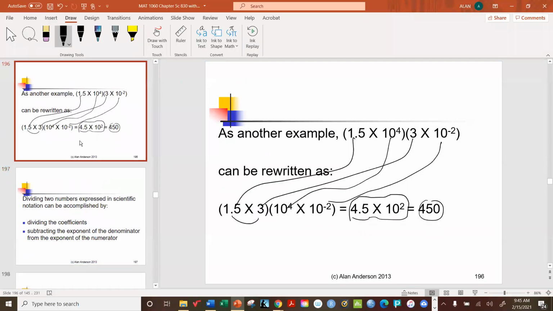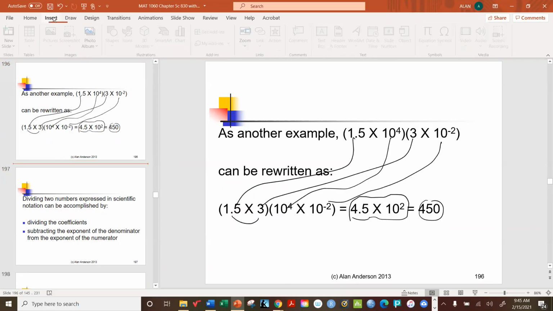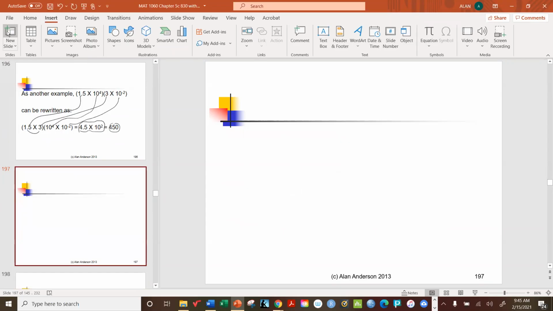Now, you know what I'd like to do, though? I'd like to show another example where you have to be careful. Sometimes you can run into issues here. Suppose we had something like this: 7.0 times 10 to the third and 4.0 times 10 to the sixth.